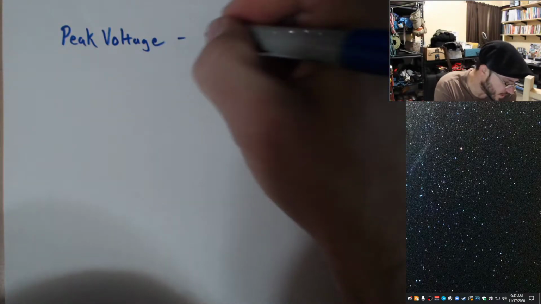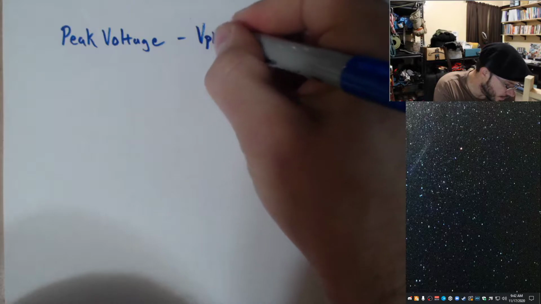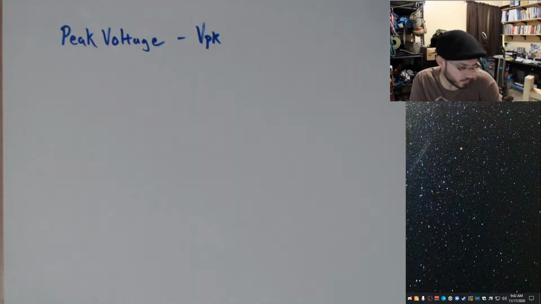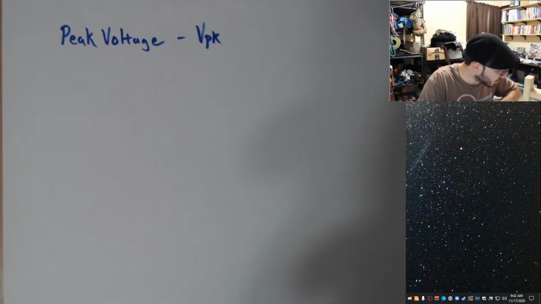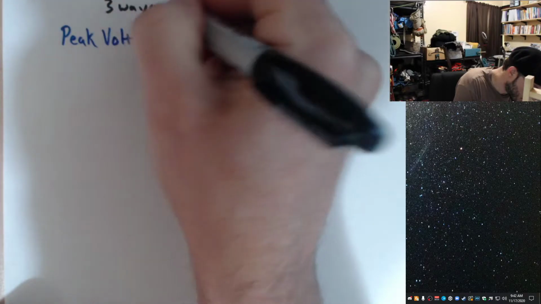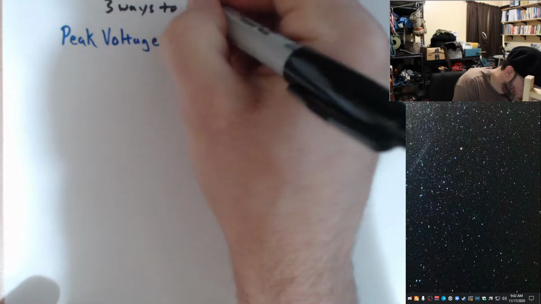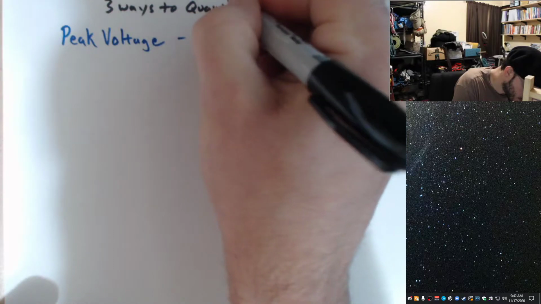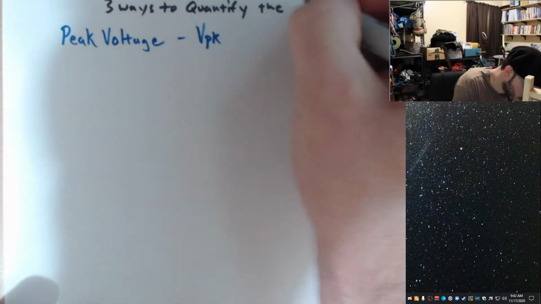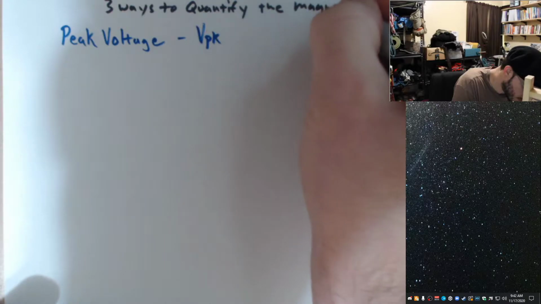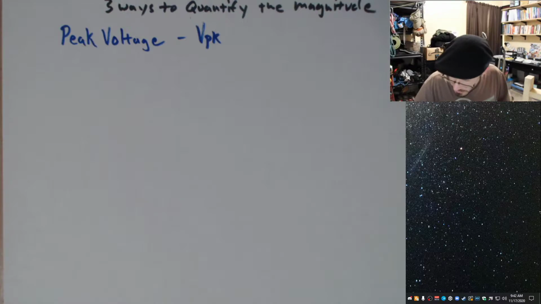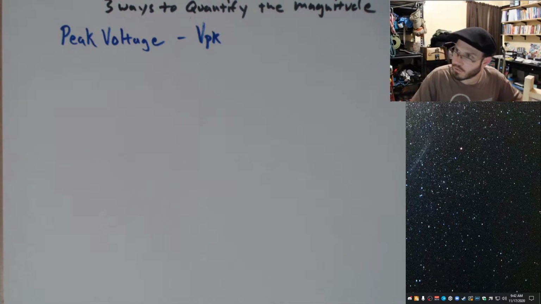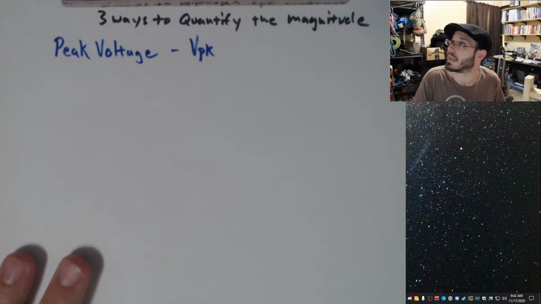We'll denote this with a V sub peak. Okay, so these are the three ways to quantify the magnitude, and each one of these ways is useful in different circumstances.